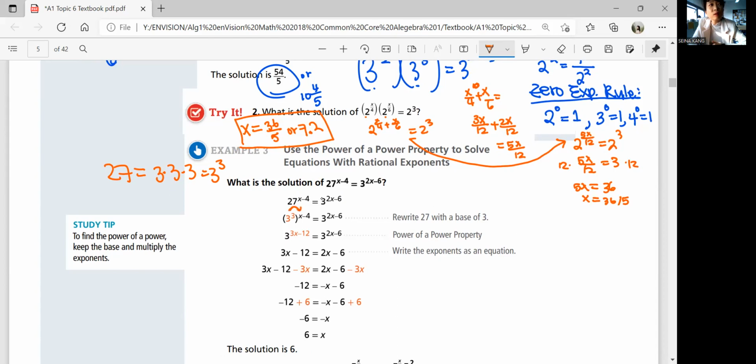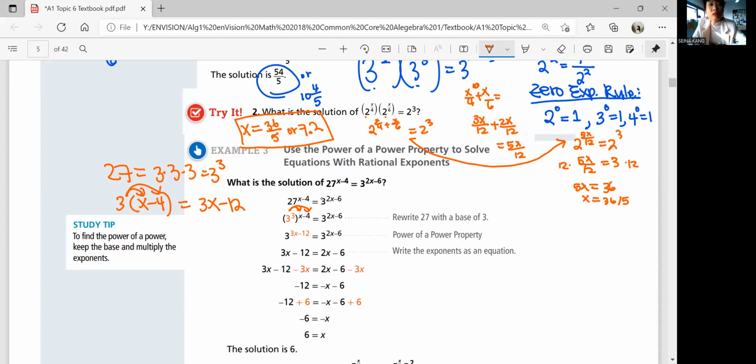So that's the distributive property as well. 3x, because 3 times x minus 4, you need to use the distributive property to get 3x minus 12, right? So that's your power. And since your bases are the same, you can get rid of the base and say the powers must be equal to each other. 3x minus 12 must be equal to 2x minus 6 if the whole values are equal to each other.